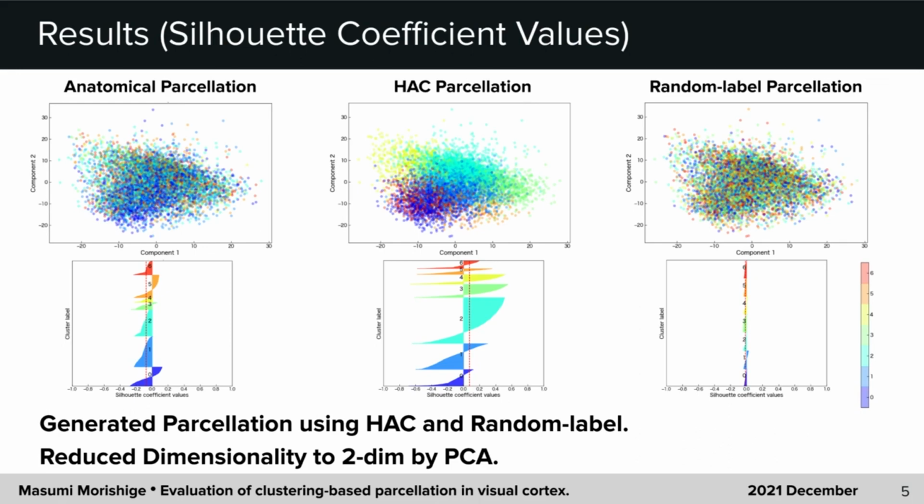The lower figure shows the silhouette coefficient value, which corresponds to the x-axis. When the x-axis value is high and reaches to the right, it means that the clusters are well separated. So the results quantitatively suggest that the HAC parcellation has clustered the functional flow very well.